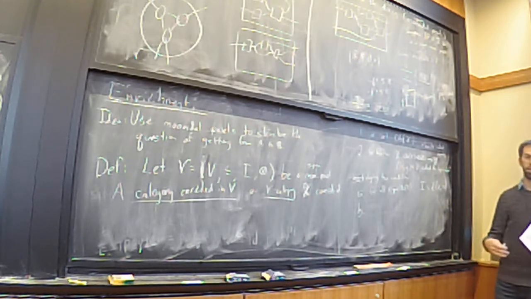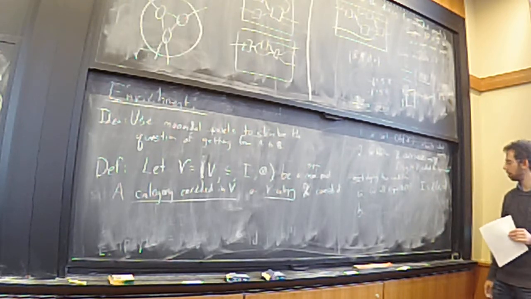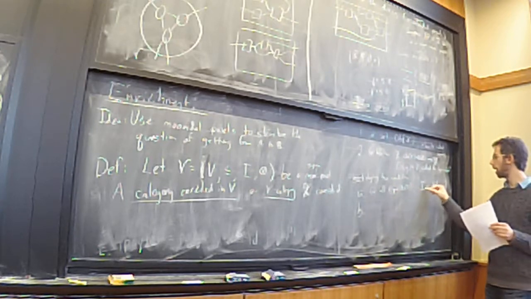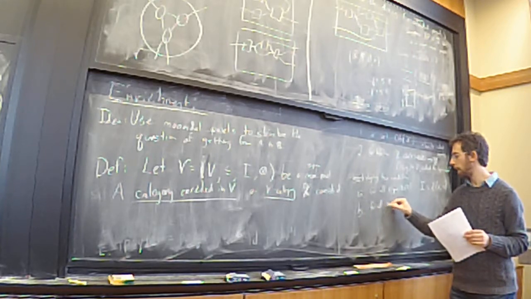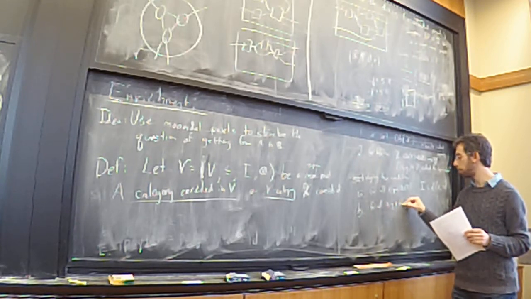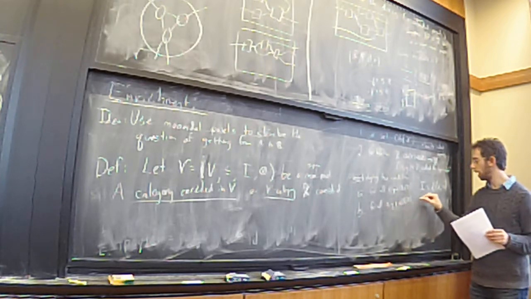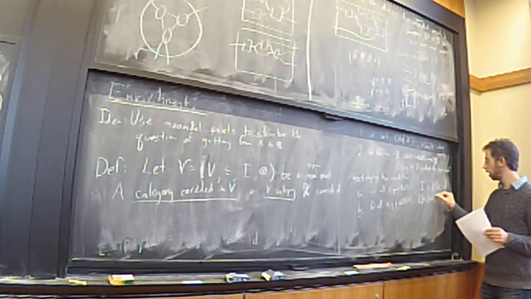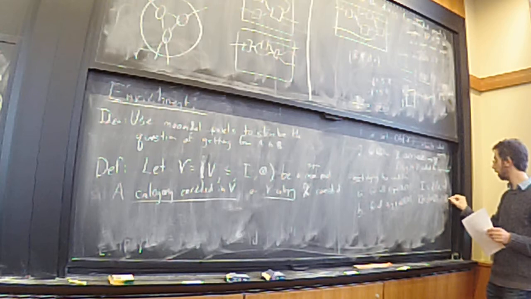Those will be categories enriched in Set. But we'll get to that soon enough. So the two conditions are: for all x, I is less than or equal to X(x,x), and for all x, y, z, if you have three objects, then X(x,y) tensor X(y,z) is less than or equal to X(x,z).